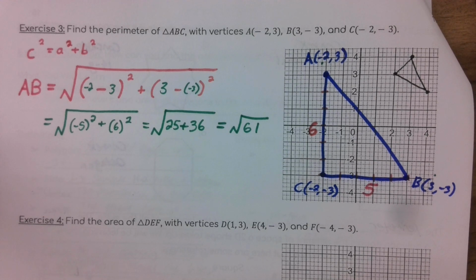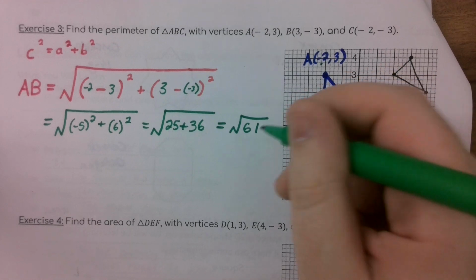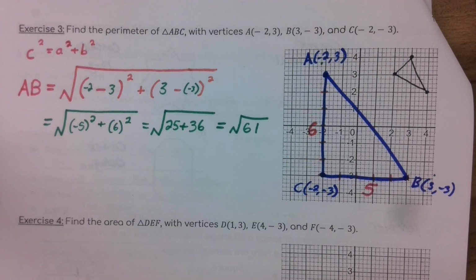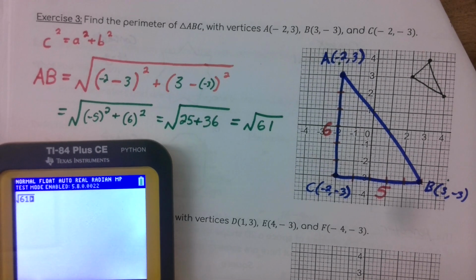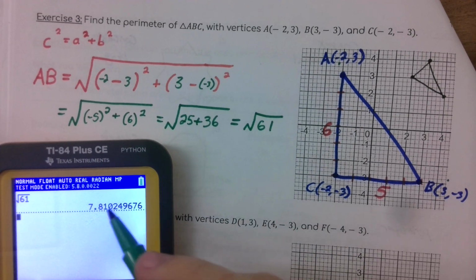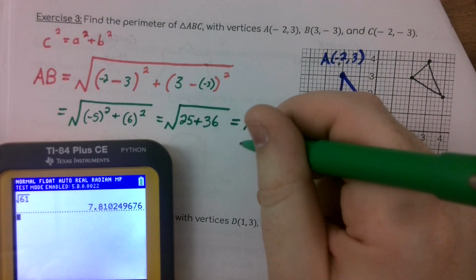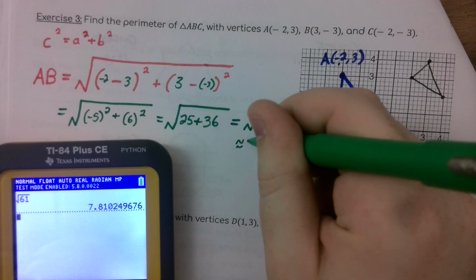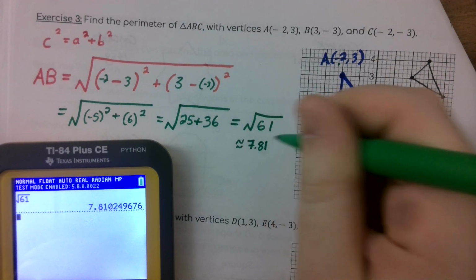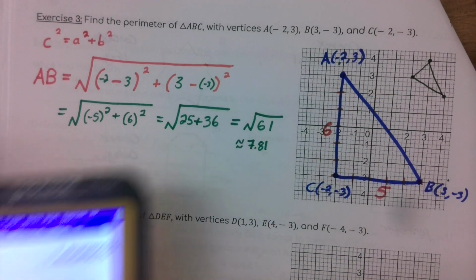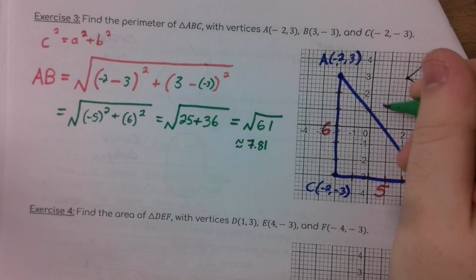In the future, we are going to be reviewing how to simplify square roots. However, what I am going to recommend for right now is convert this into a decimal. Just plug in the square root of 61 into your calculator and round to, usually the nearest hundredth is a good spot to round to. So 7.81. That's the length of AB.